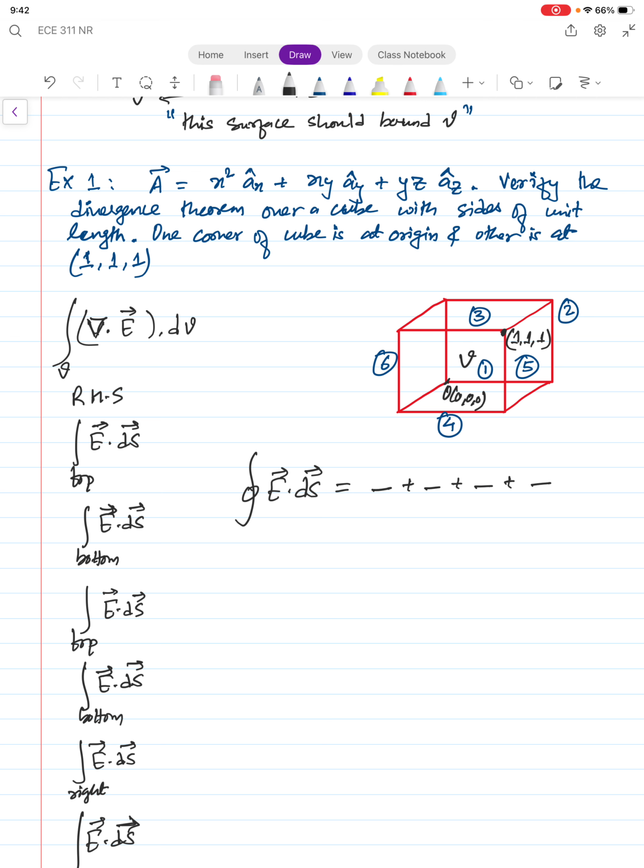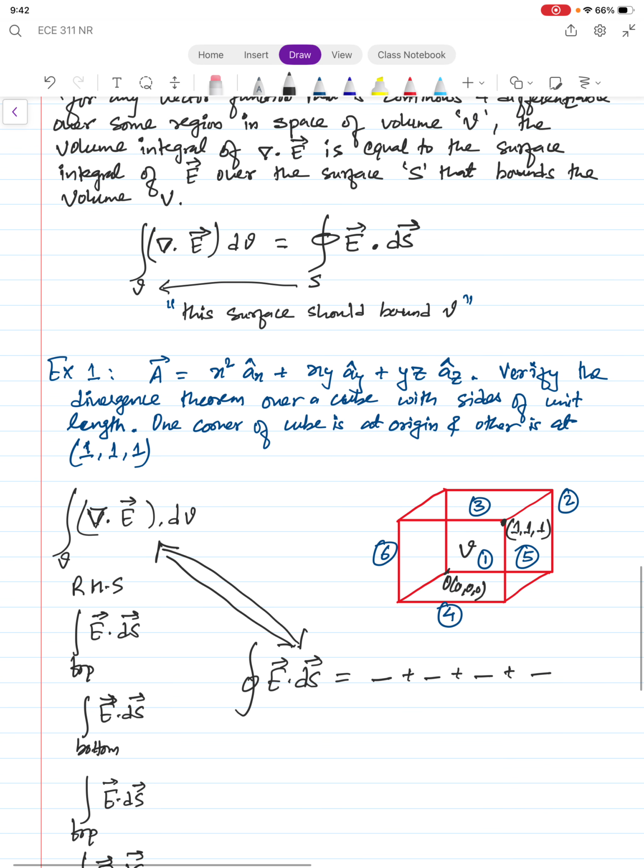Okay, and that result should be equivalent to this result that you calculated from the left hand side of the divergence theorem.